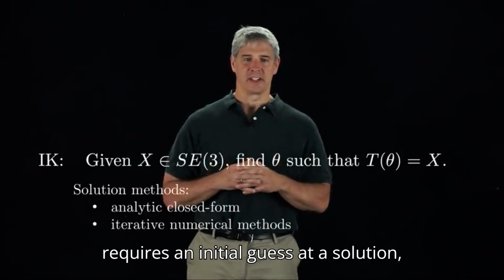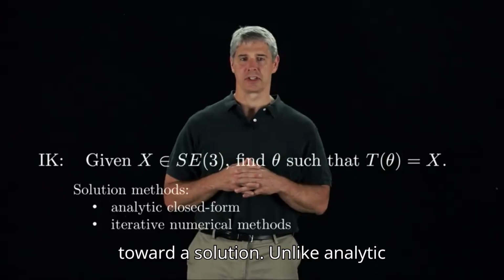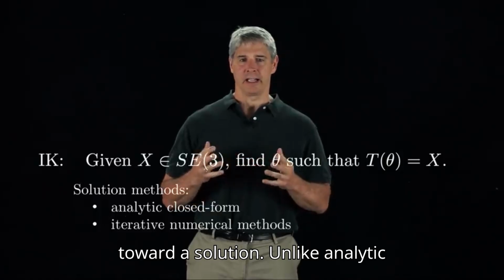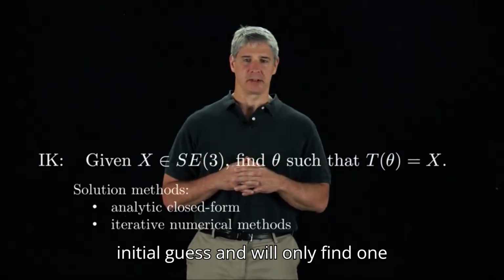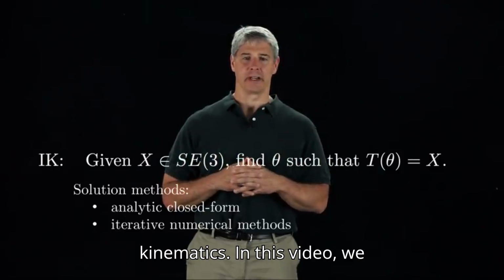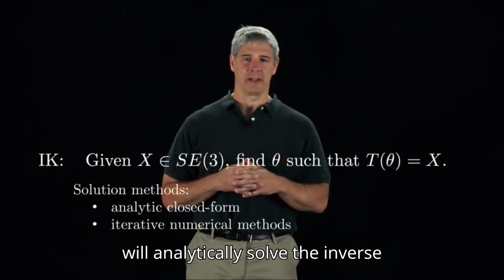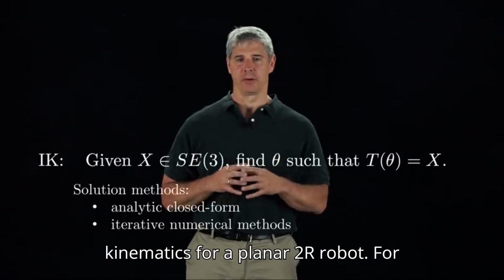This approach requires an initial guess at a solution, then iteratively drives the initial guess toward a solution. Unlike analytic methods, this approach requires an initial guess and will only find one solution, not all possible solutions, but it applies to robots with arbitrary kinematics. In this video, we will analytically solve the inverse kinematics for a planar 2R robot.